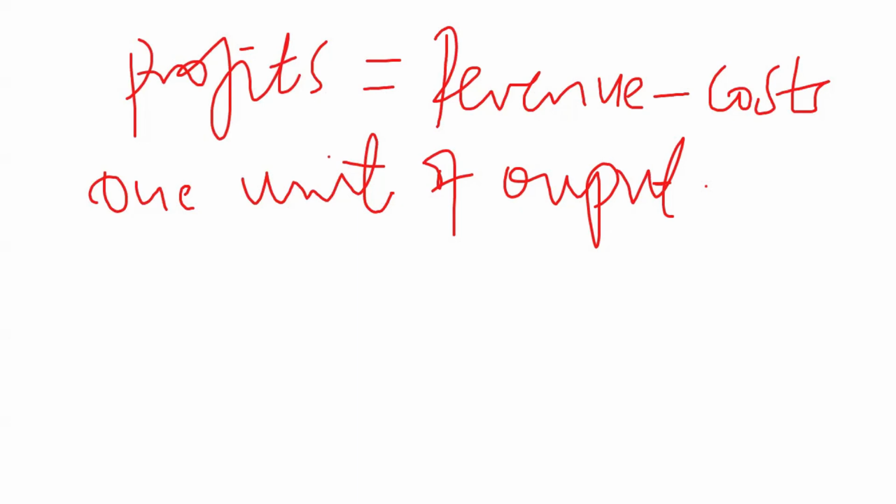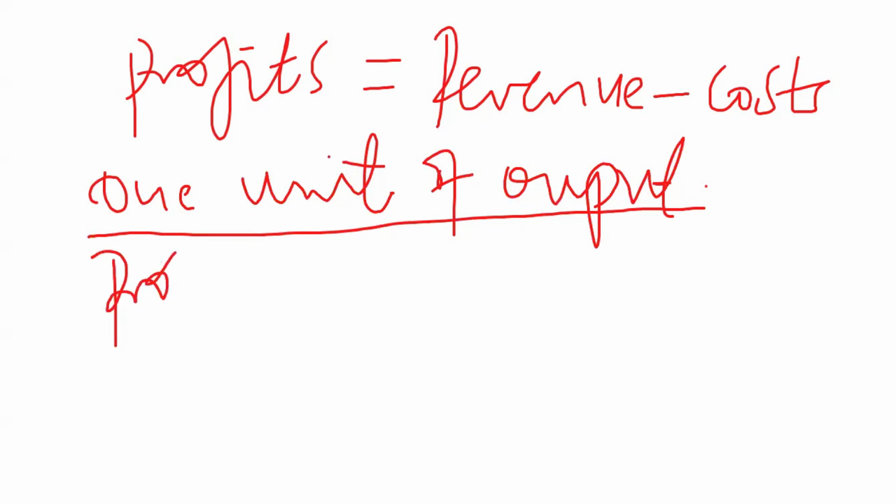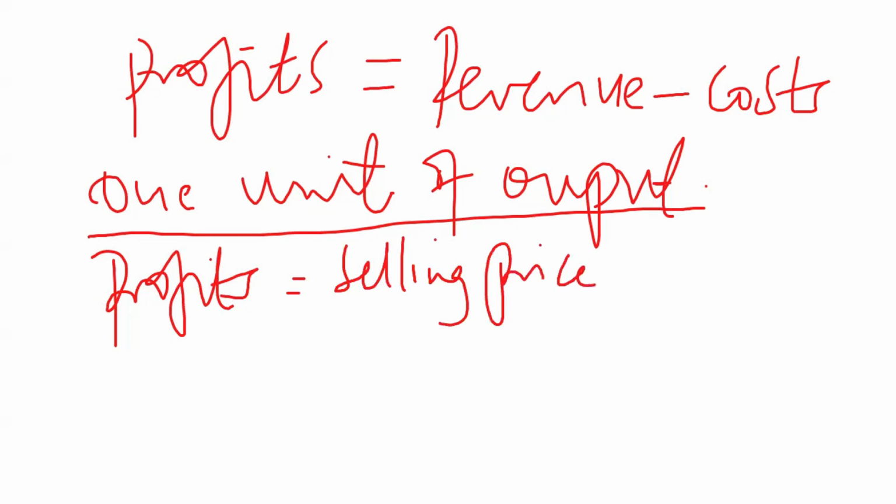So if we are dealing with one unit of output, then our profit is going to be the selling price per unit minus the unit cost.